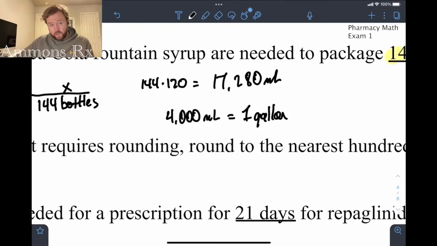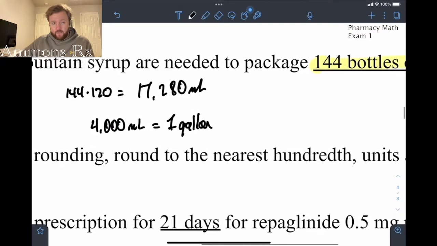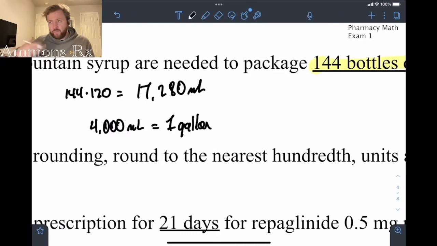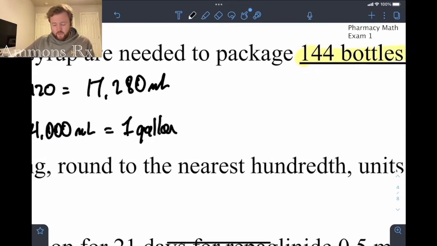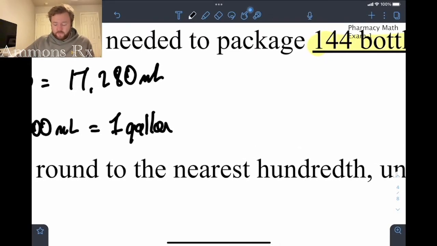If you want the actual number, you would go through the gallon man. For example, off the top of my head, I know that there's 480 mils in a pint, 2 pints in a quart, and 4 quarts in a gallon. So I can work through it that way. Or I can just say that there's 4,000 mils in a gallon, which in this situation, is what I would probably do.